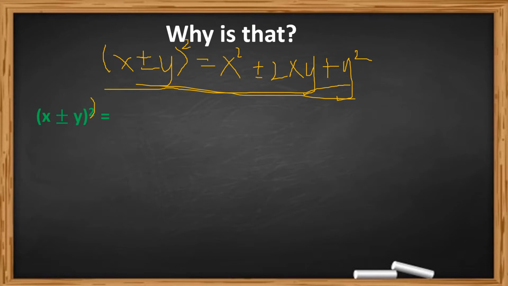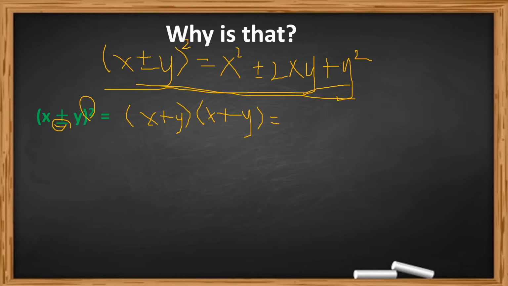when we say squared here, it means that you have to multiply a quantity by itself. So when we say (x plus or minus y) squared, it means (x plus y) times (x plus y). Let us disregard the minus sign here for the meantime, but later on we will show it.